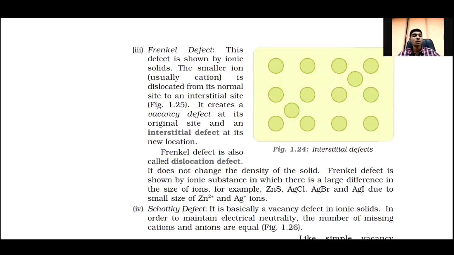Okay, so if you have any doubts, then let me know in the comment box. Now we are getting to the Frenkel defect. What is meant by Frenkel defect? This defect is shown by ionic solids.